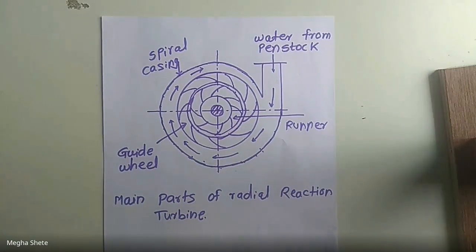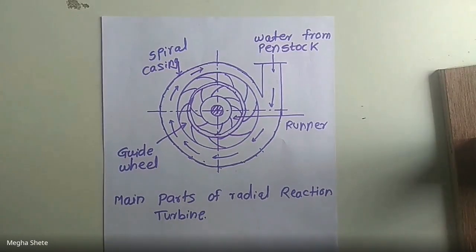The guide vanes allow water to strike the vanes fixed on the runner without shock at the inlet. Also, by suitable arrangement, the width between two adjacent vanes of the guide mechanism can be altered so that the amount of water striking the runner can be varied.